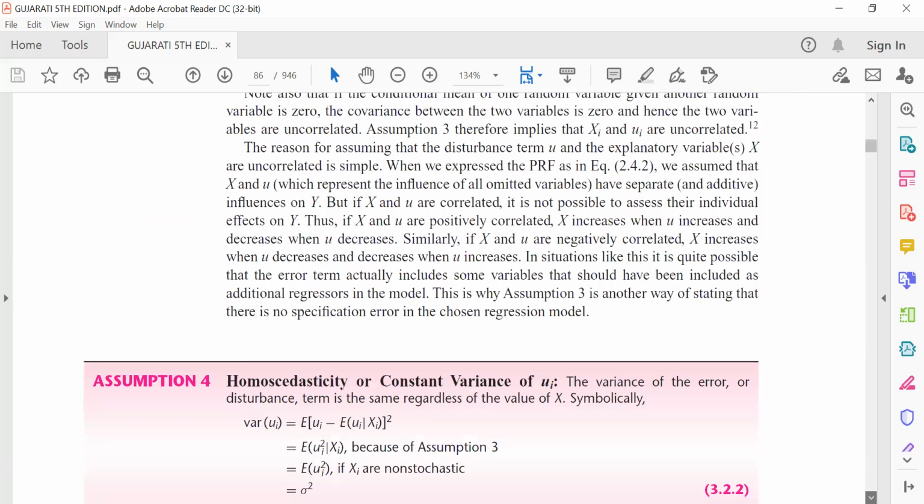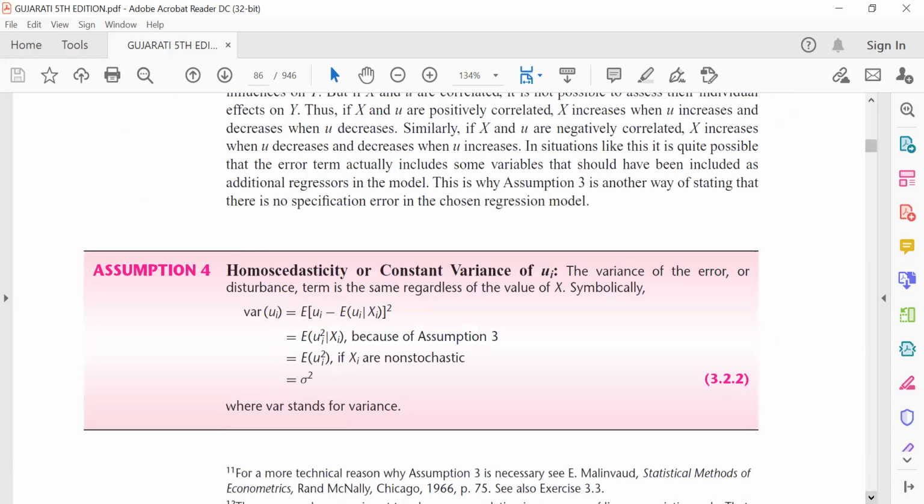The fourth assumption: homoscedasticity, or constant variance. Here we assume that the residual variance is constant from the beginning of the observations until the end. So the variance of the residuals, the expected value of the squared residual, is sigma square.